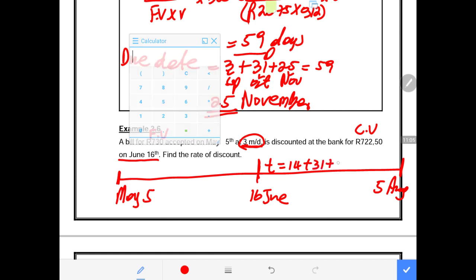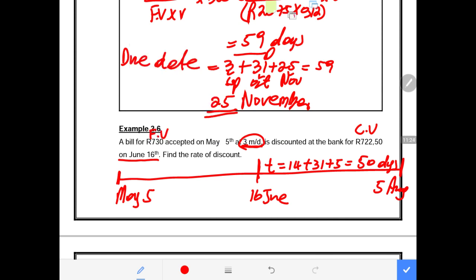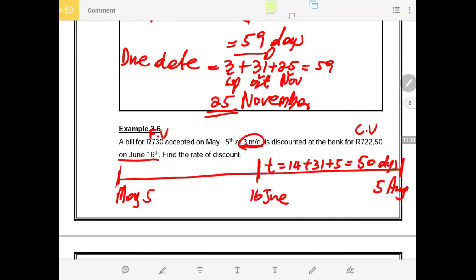In the month of August we only need 5 days. So this means it will be 14 plus 31 plus 5 days in August, and we see that this bill was due in 50 days. So our T, our unexpired period, is 50 days.